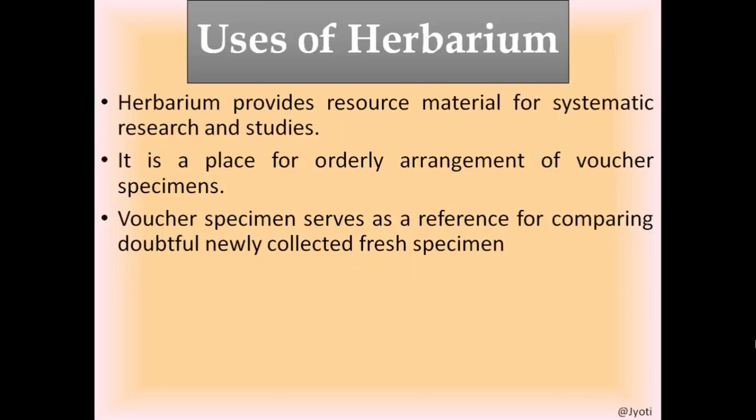So you have to match the features of this particular specimen which you have collected with the sample specimen. Okay, and after matching that, it will be easier for you to arrange the location of the specimen which you have collected while arranging the herbarium sheet. So voucher specimens are nothing but the sample specimens which are taken as a reference.